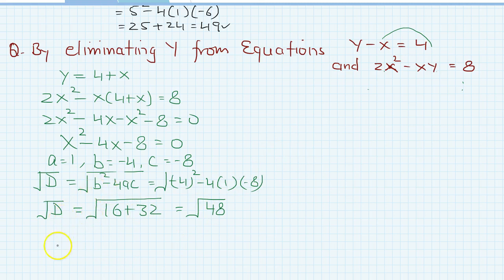So the value of x will be minus b plus minus root d, which is root 48, over 2a. So that is equal to 4 plus minus root 48 over 2.